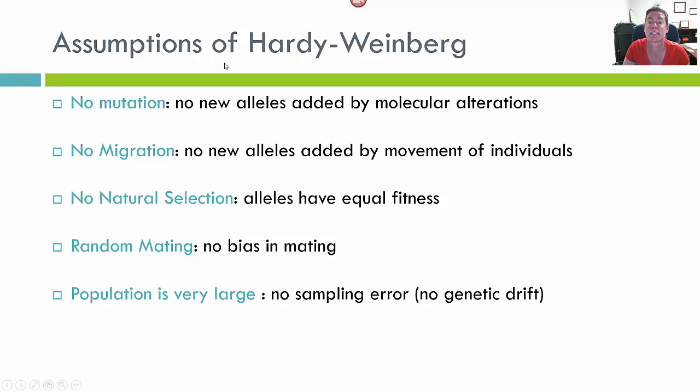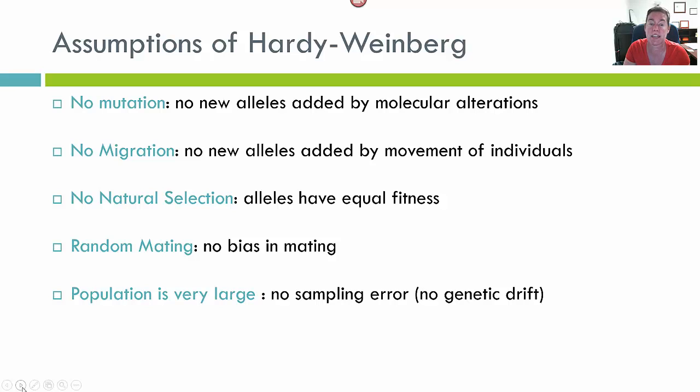Once again, the assumptions of Hardy-Weinberg are that there's no mutation, so no new alleles are added by any molecular alterations. There's no migration, so no new alleles are added by the movement of individuals. There will be no natural selection; all the alleles in the population have equal fitness.